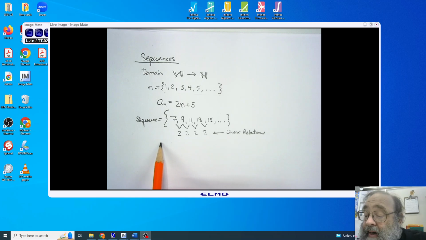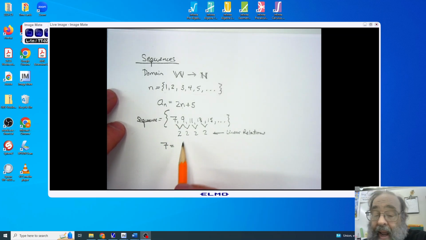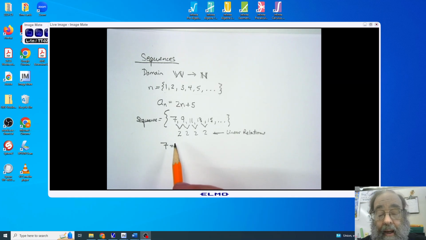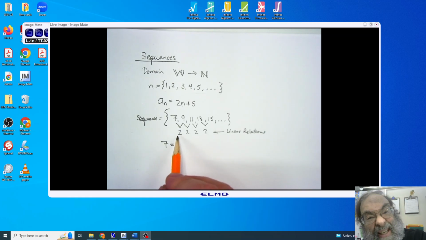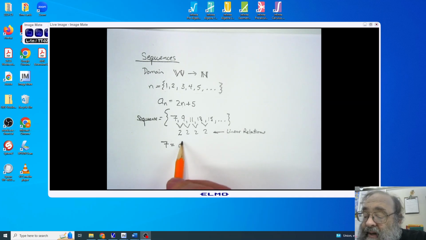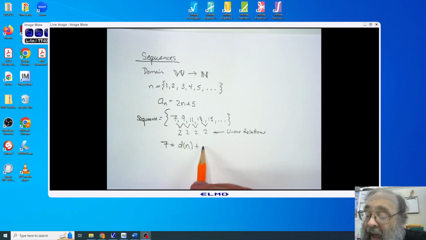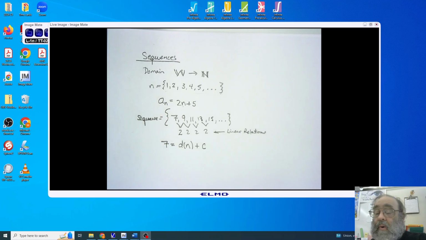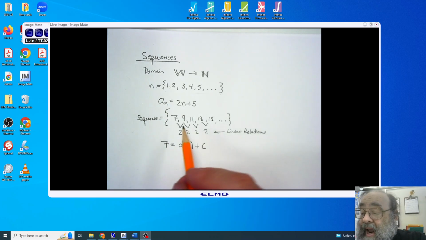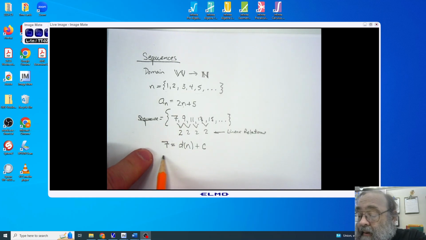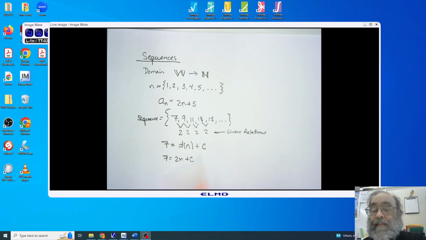So I can now say that 7 came from some d multiplied by n. Let's go ahead and use this as a common difference. So I'm going to say I have a common difference. We know it's 2. It was multiplied by an n value, and then we ended up adding some other value called a constant. Now, if I take this 2 and I plug it in for d, then a sub n has to be 2n plus c.